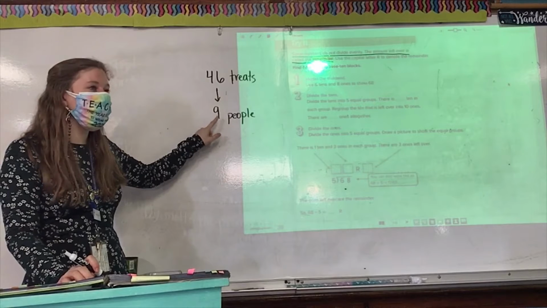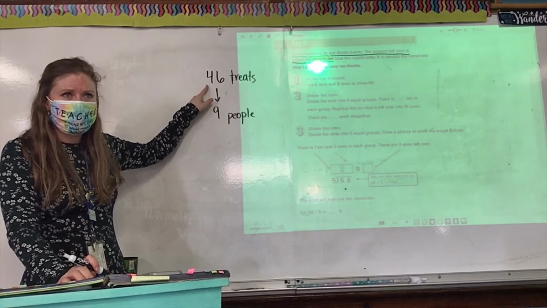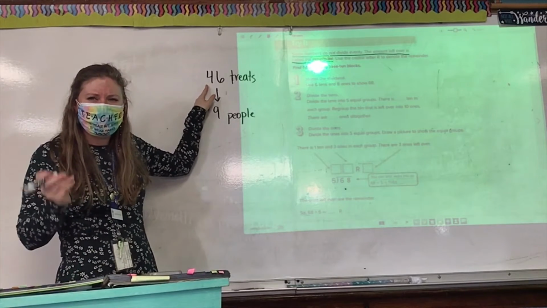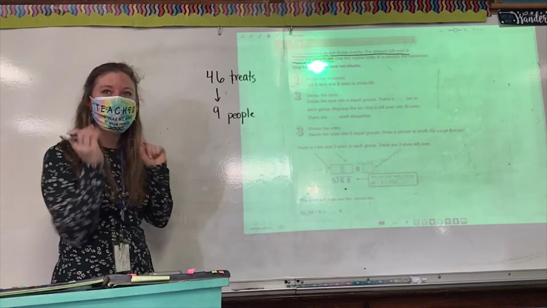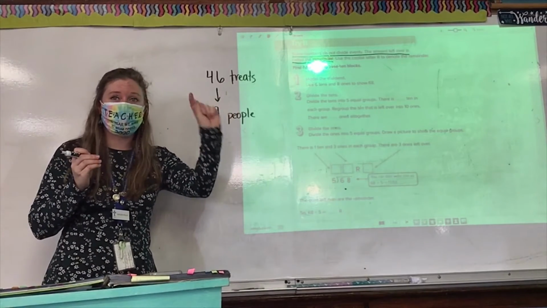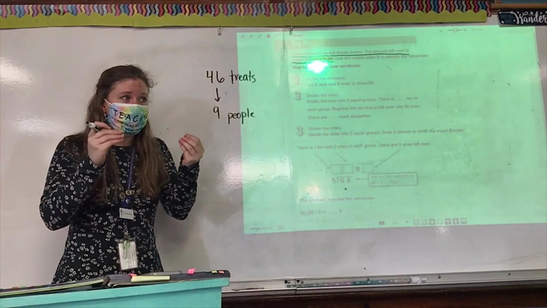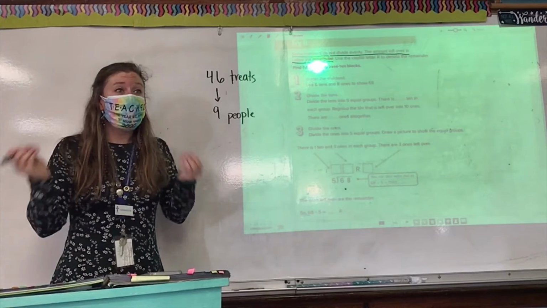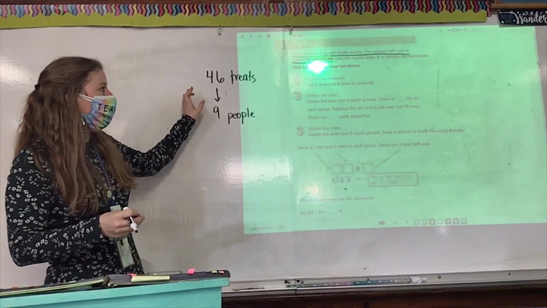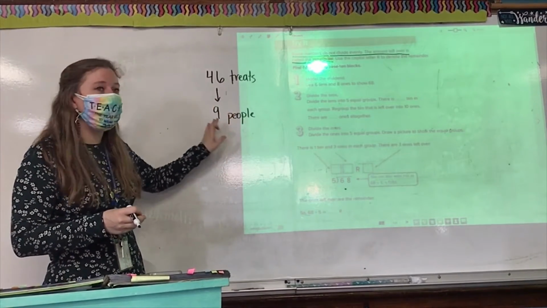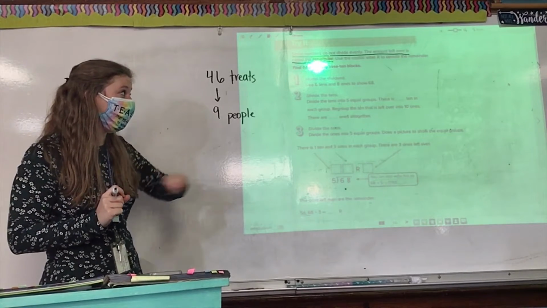So that means they each need to get the same amount of treats, but is 46 a multiple of 9? Can you multiply anything by 9 to get 46? No, which means you're going to have some left over, because is it fair to put an extra treat in one person's bag and then the other 8 only get less? Is that fair? No. So sometimes in life and in math, the number of items do not fit evenly into the group. So we're going to see what happens here.